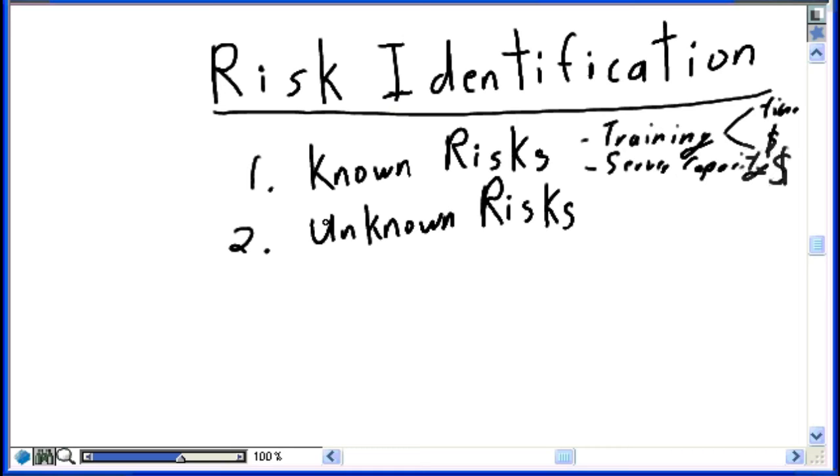Unknown risks are unknown. You can't specifically say there is a training risk or there is a technology risk. Unknown risks is simply an allocation of additional time, additional funds to your project to cover all of the unknowns. So unlike training and server capacity, where you can allocate specific time and specific dollars to specific circumstances, unknowns requires a general contingency.